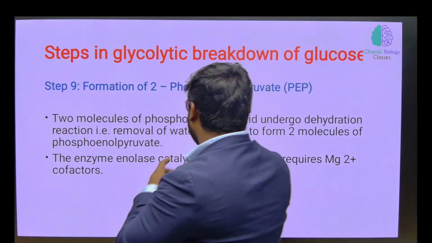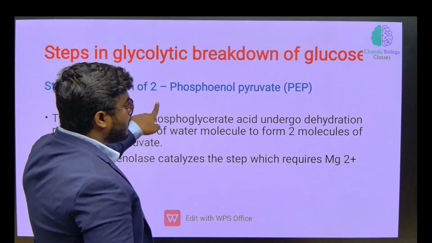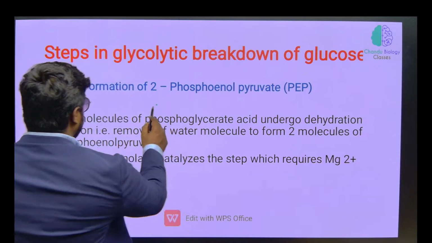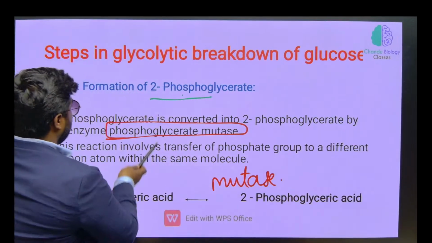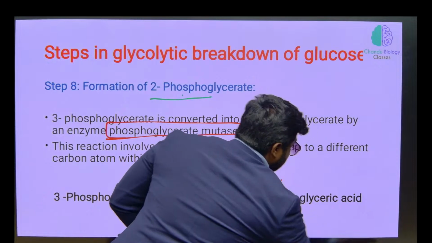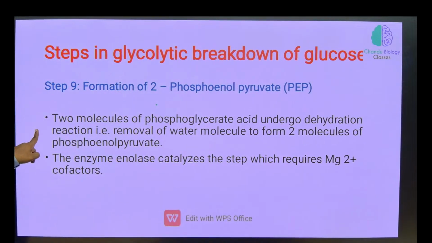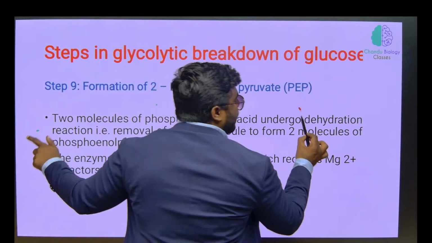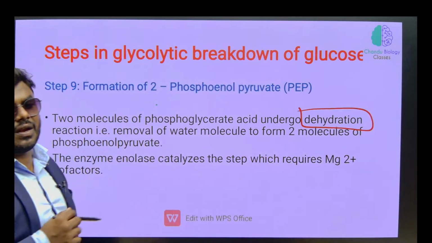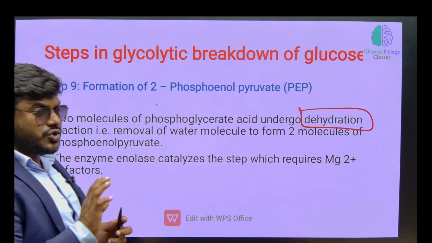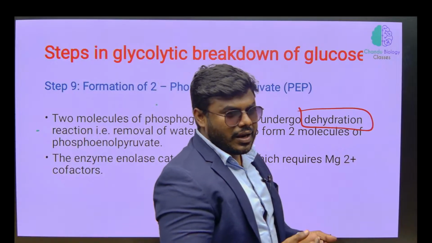Then what is the ninth step? Formation of 2-phosphoenol pyruvate. So friends, what happened here? 2-phosphoglycerate, very important, undergoes a mechanism called dehydration. We should not say removal, okay?